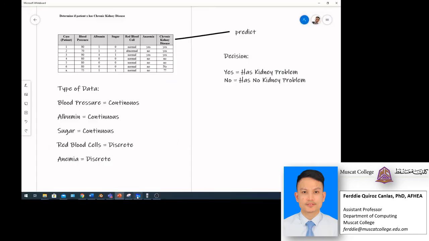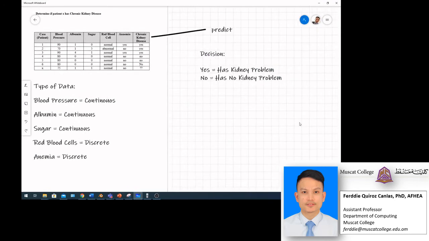Let me just go to Paint and put the formula here.